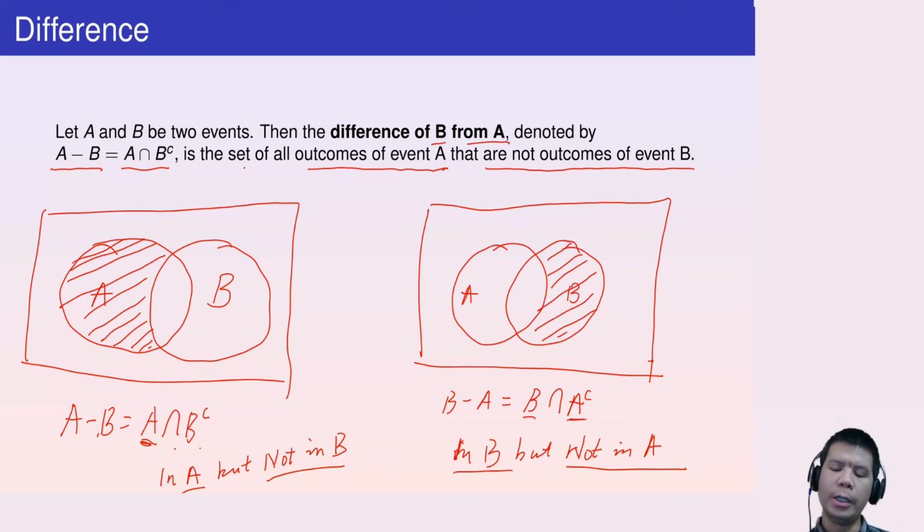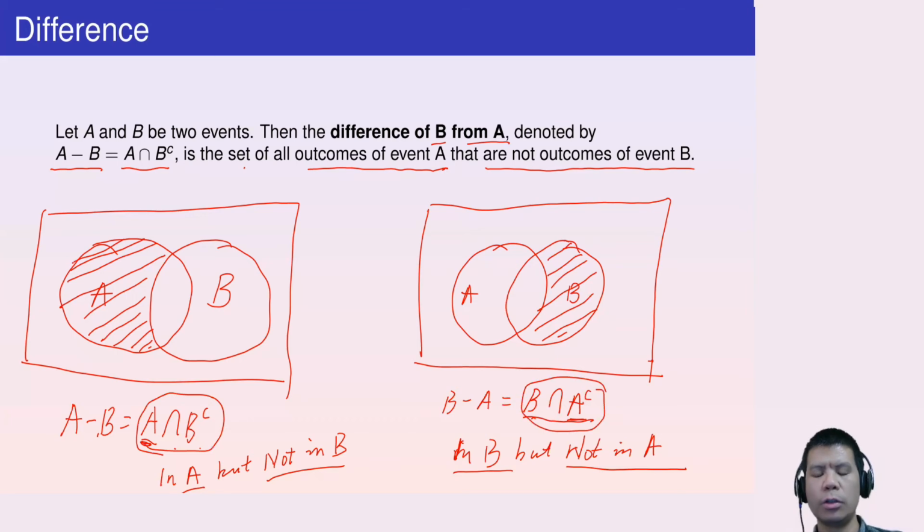So this is the difference of B from A, or the difference of A from B. But you need to know what we mean by A minus B: that is in A, not B. B minus A means in B, not A.